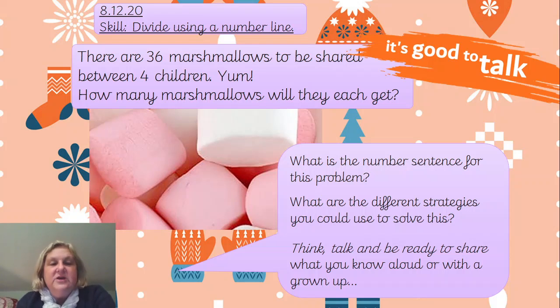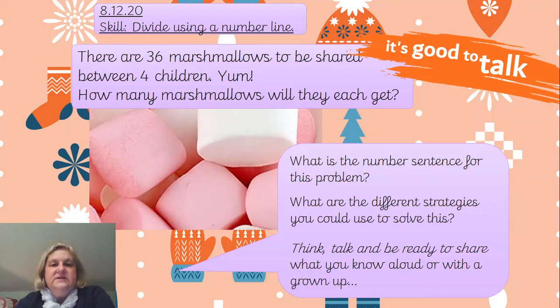But now we're used to using times tables and counting up in fours in order to reach that 36. So we could do 4, 8, 12, 16, 20, 24, 28, 32 and 36, and that brings us out to 9 groups.